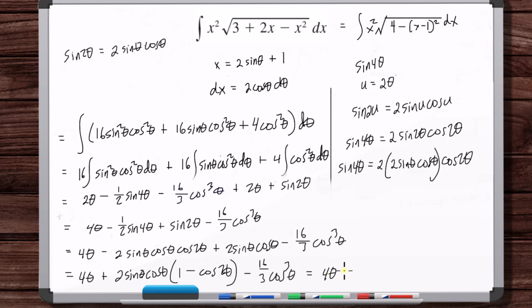So this is 4 sine cubed theta cosine theta.